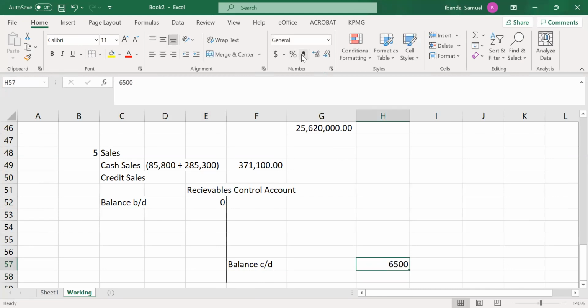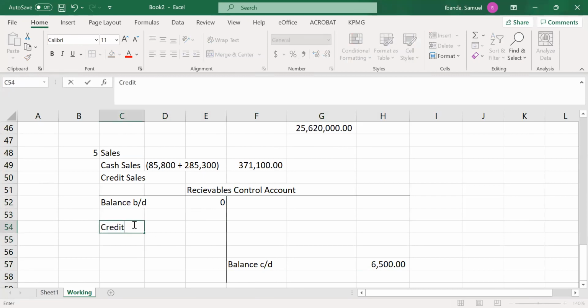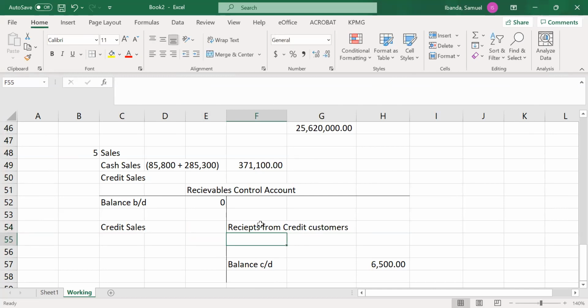So again, I ask myself what increases my opening balance and what reduces my opening balance. What increases my opening balance are credit sales, new credit sales. The more I sell, the more I increase my receivables balance. What reduces my balance are receipts or collections from credit customers. When customers pay me, it reduces my balance.